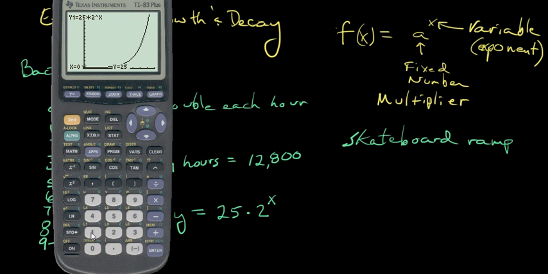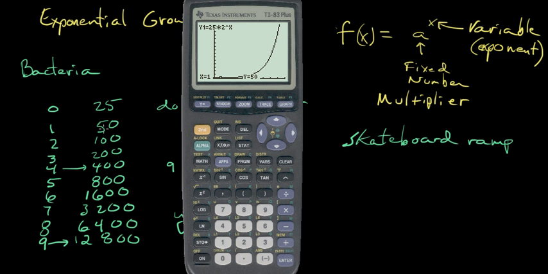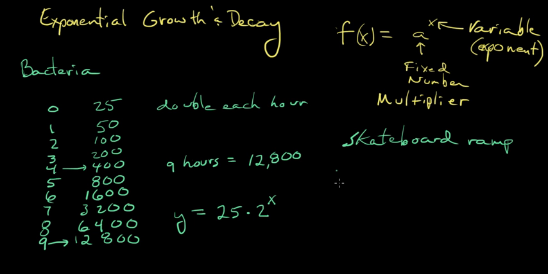Then at 1 hour, enter, you get 50 bacteria, like it says here. Then at 2 hours, you've got 100 bacteria. At 3 hours, 200, and so on, so at 9 hours, you're way up here at 12,800 bacteria. Okay? No, you're not going to have to sit down and count individual bacteria. This is just a mathematical model. This isn't really what happens.